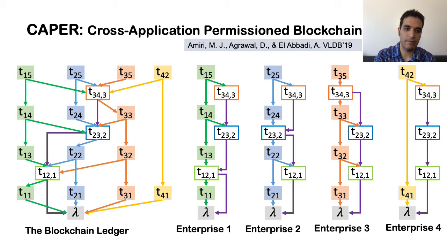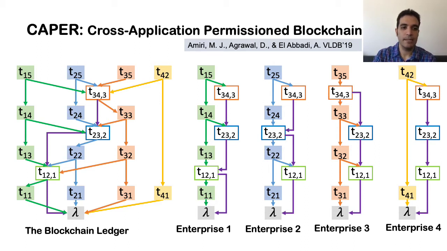So this 12 shows the order among the transactions of the initiator enterprise, T11, T12, T13, T14, T15. And the second part shows the order among the public transactions or global transactions. So we have T1, T2, and T3. So there is a total order between them.